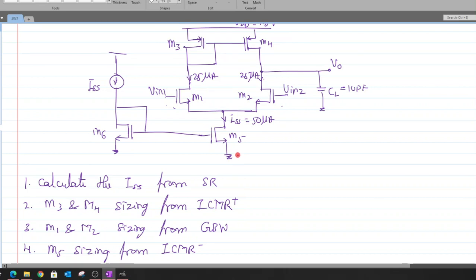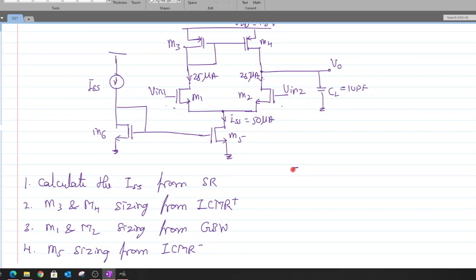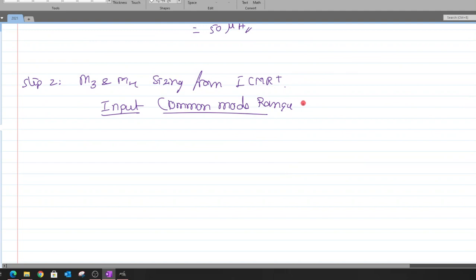Now among this range, the maximum value of that particular range is defined as ICMR plus, and the minimum value of that range is defined as ICMR minus. Okay, hope that it makes sense. So let me write it.